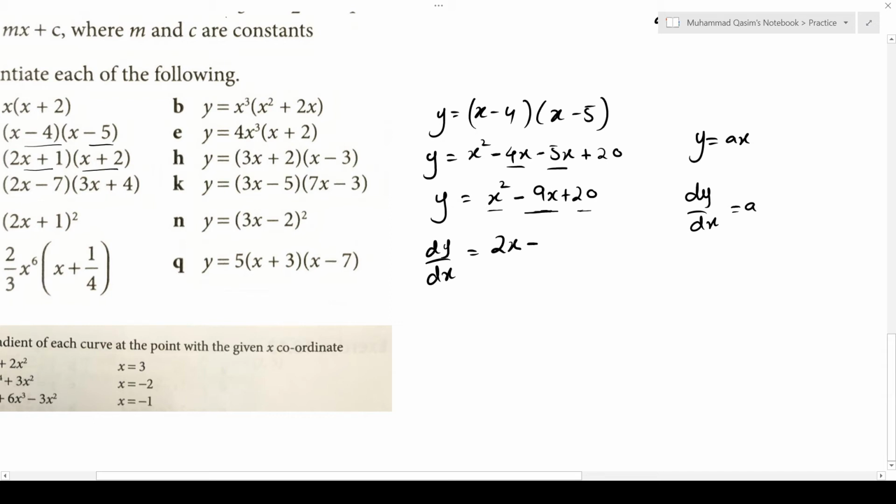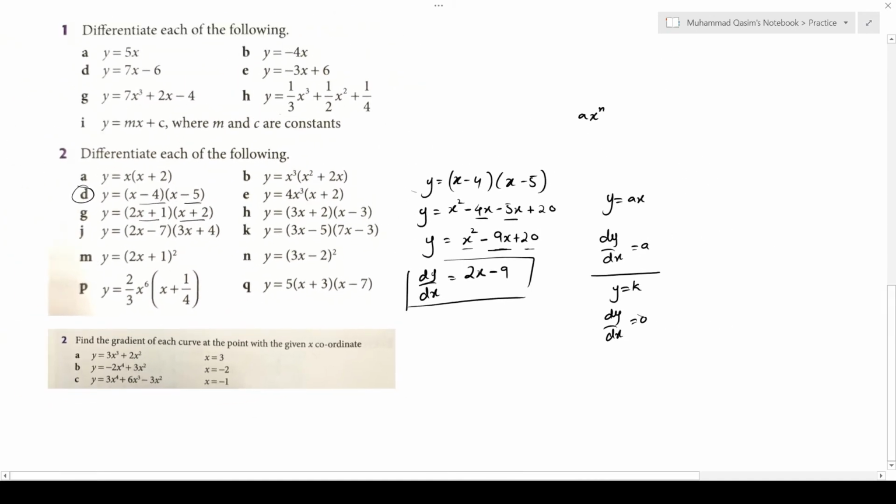So in this case I'm going to have minus 9. Now the third term is a constant term, again the special case, y equals any constant number, the derivative is always equal to 0, so there is no need to write down 0. So this is the derivative for this one. This is how you find the derivatives.